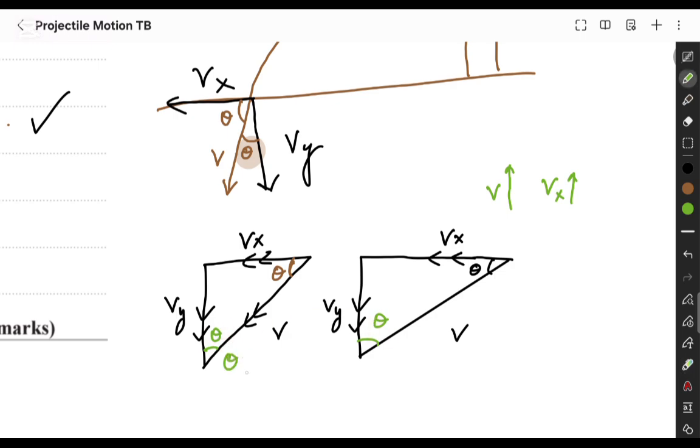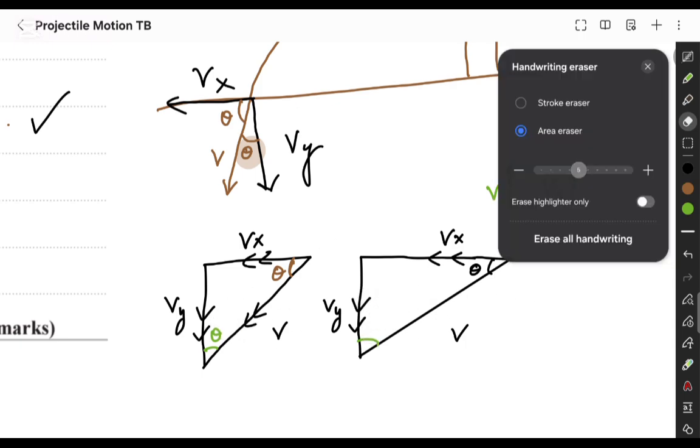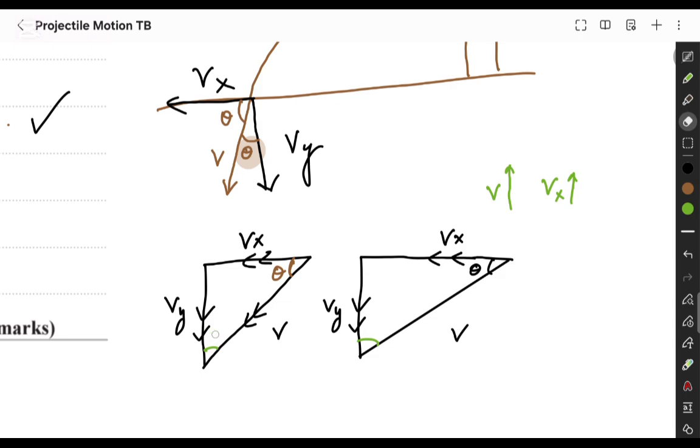So this theta, let's change it, let's call it alpha, so we don't get confused. Okay, let's call this alpha. So you can notice that going from triangle 1 to triangle 2, alpha increases and theta decreases. It might not be very noticeable, but that does happen, and we can see that through the equations as well.